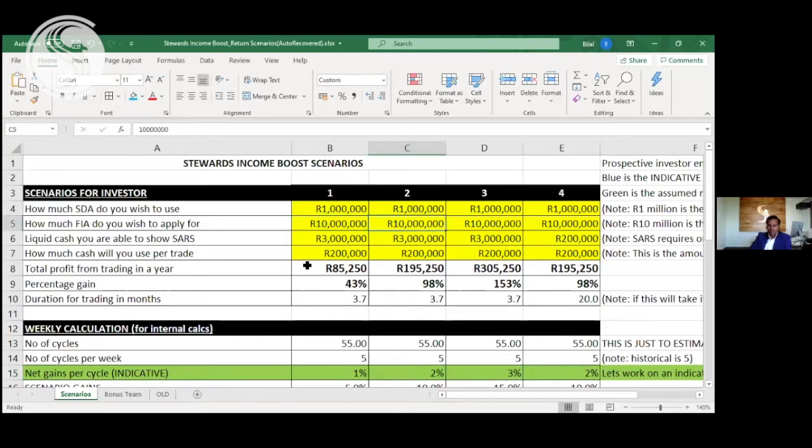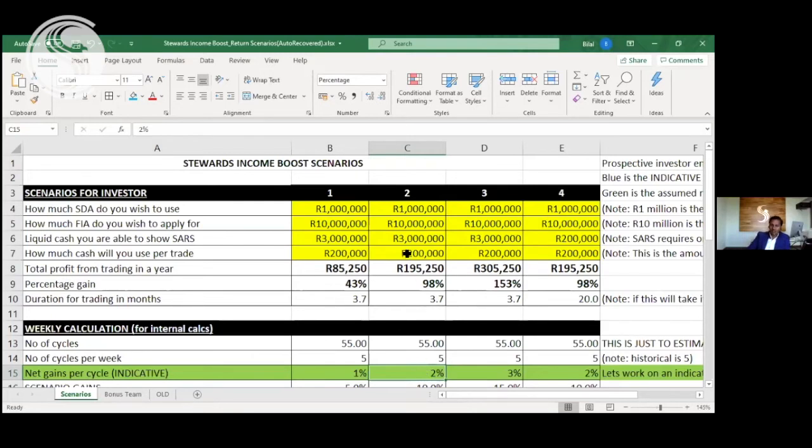Historically, in a scenario where an investor is on a 1% cycle, that investor makes 85,000 Rand from an initial investment of 200,000 Rand over the life of the investment, which would be within a year. At a 2%, which is the average being achieved per cycle, whilst the average on the fact sheet is 8% per week, the average per cycle, which may be more than one cycle per week, is 2%.